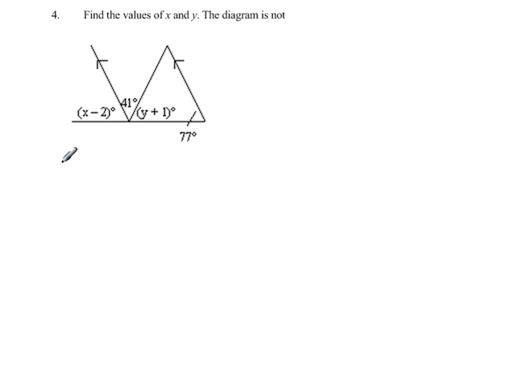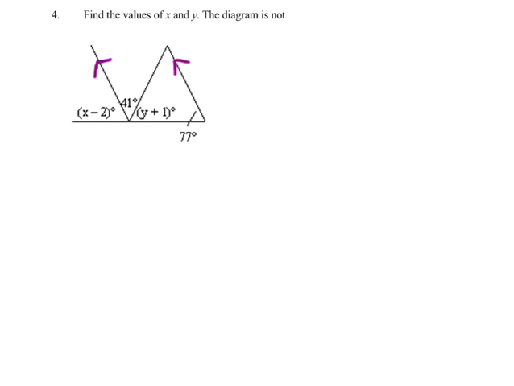Find the values of x and y. The diagram is not to scale. However, we are told with these arrows right here that we have parallel lines. So this line here is parallel to this line here. Okay? So that will help us.